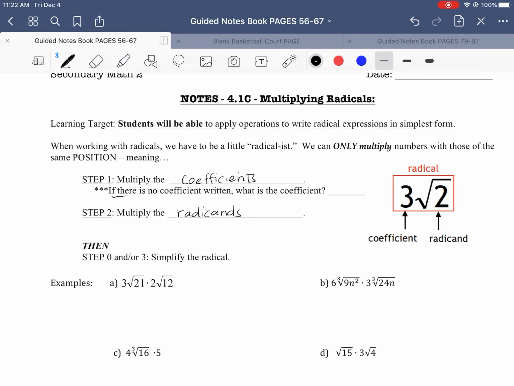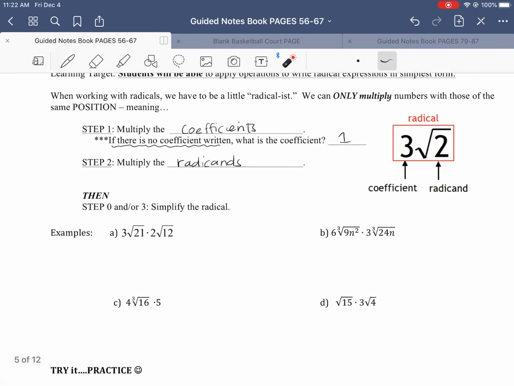If there's no coefficient, remember the coefficient is a 1, right? So you do have a 1 there. And then in the end, you can simplify the radical. Technically, you could simplify it first if you wanted to, which is why I wrote step 0. But sometimes after you multiply, you need to simplify even more. So then you have to simplify again. It completely depends on what you prefer.